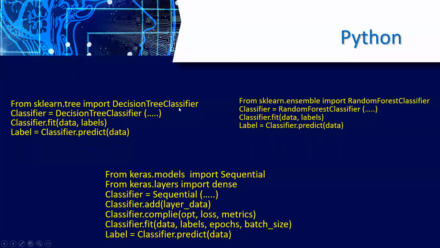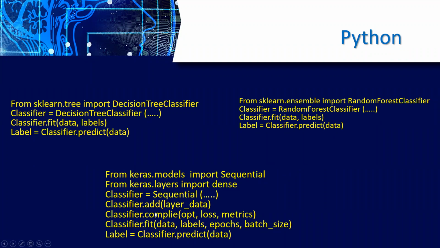Here also it's the same thing. Decision tree classifier is one algorithm, and random forest is another algorithm. If you want to train a deep neural network like ANN or CNN, as I mentioned in the schedule, that is artificial neural network, convolutional neural network, then we have to use Keras. From Keras, we import Sequential and layers, create a model, and add all the layers depending on our requirement.